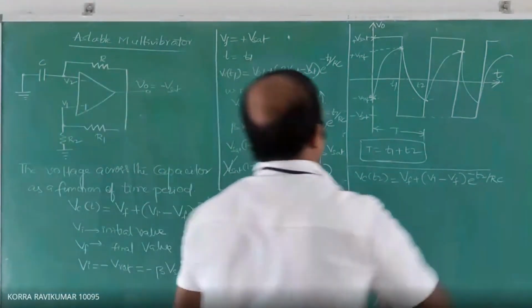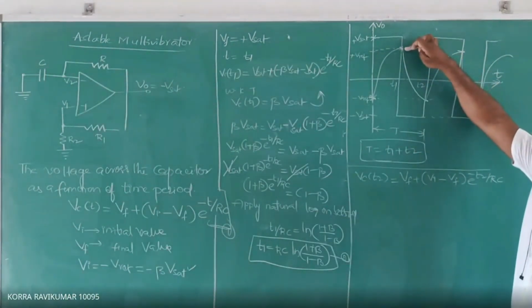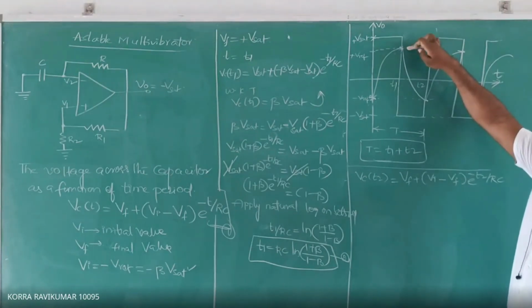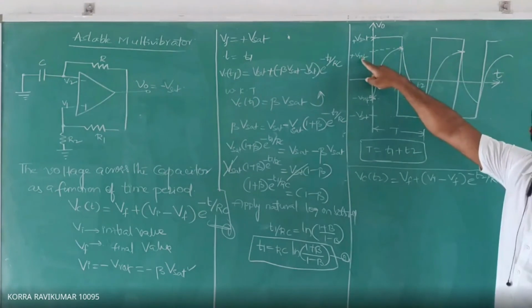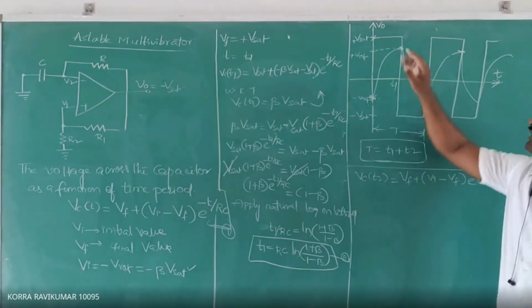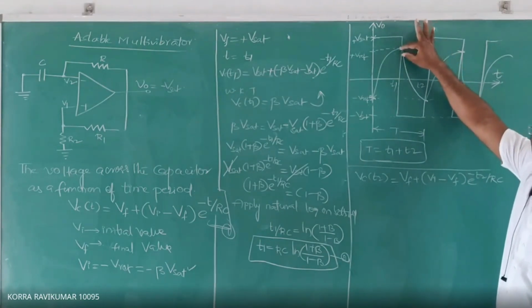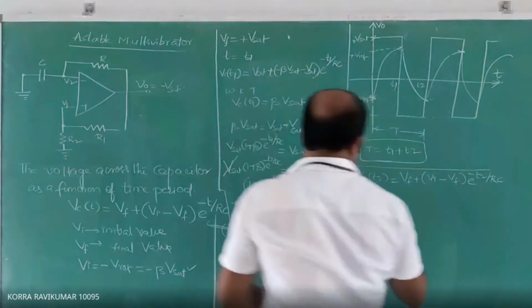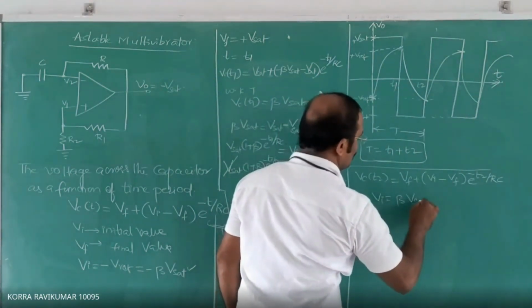See here, the initial value: now the capacitor has to discharge from this point. Here the voltage across the capacitor is V reference. V reference is equal to what? Beta into V saturation. Now beta into V saturation acts as the initial value of the capacitor here. So initial value Vi is equal to beta into V saturation.